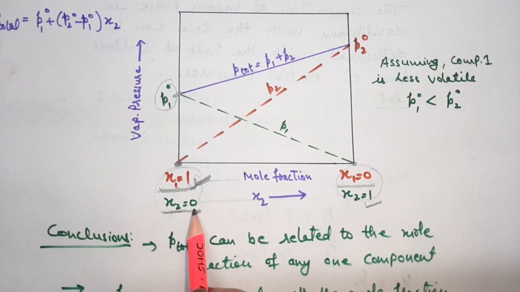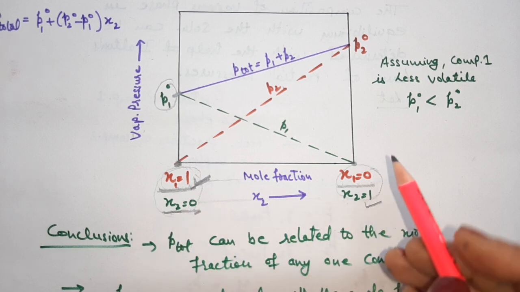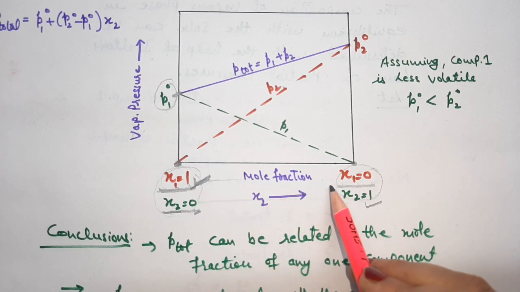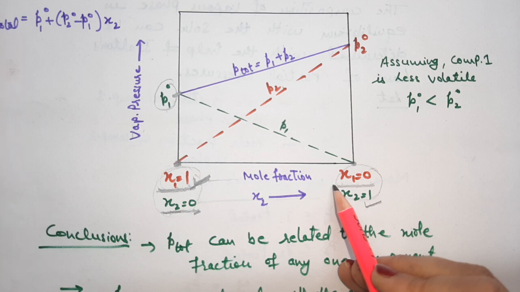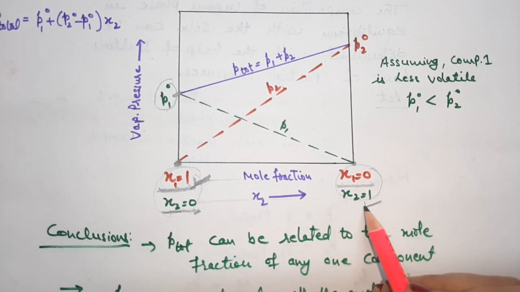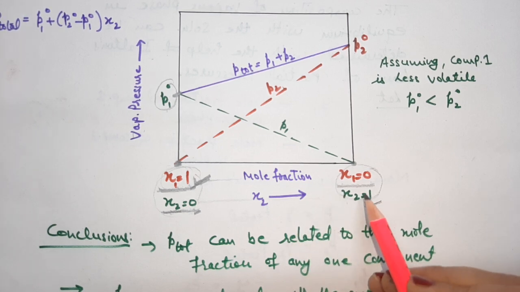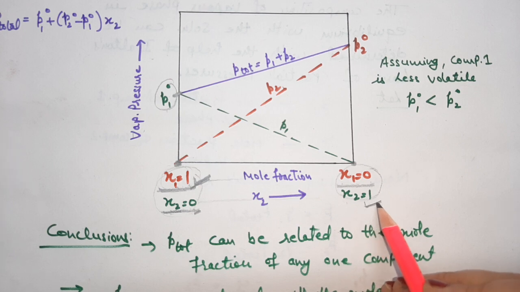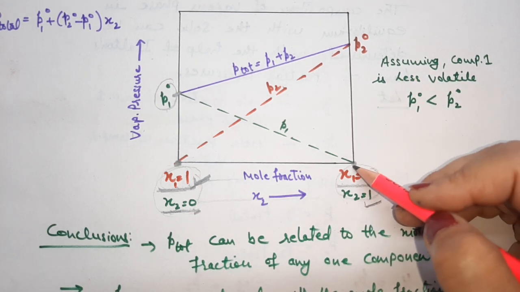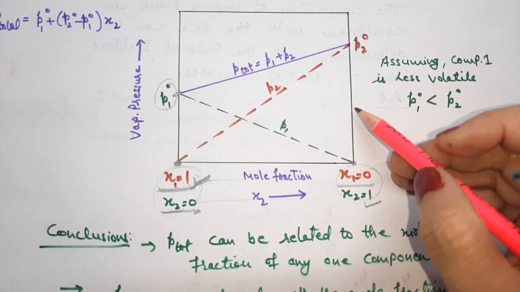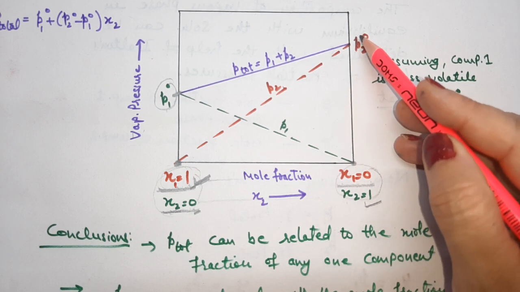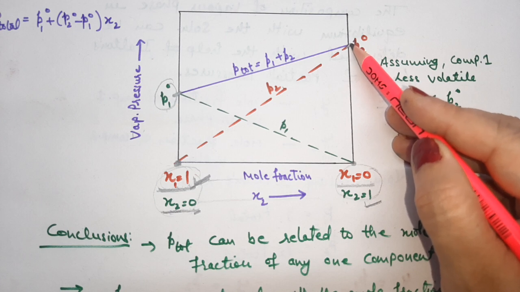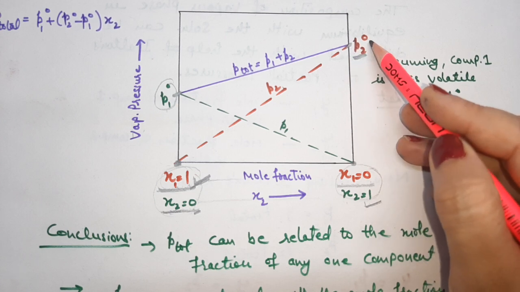By changing the composition, decreasing component 1 and increasing component 2, we reach the pure component 2, and its vapor pressure, let's point out here, is P2 naught.